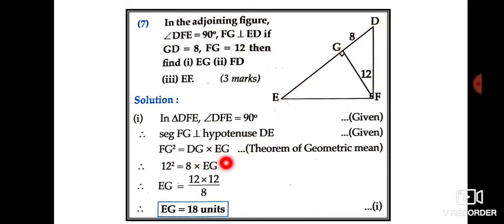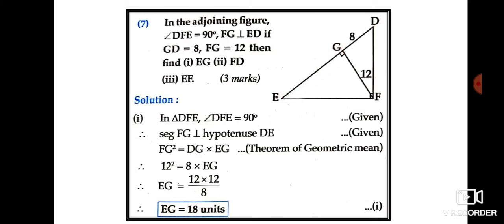Reason, theorem of geometric mean. Substitute the values. 12 square is 12 into 12 equals 8 into EG. The 8, when it goes to the other side, goes to the denominator. You cancel it and then you get EG to be 18 units.